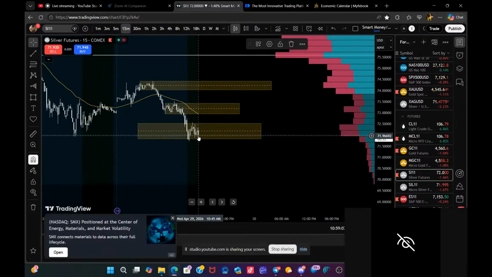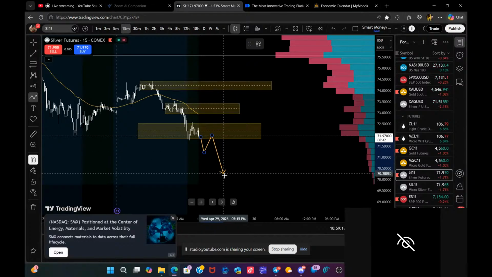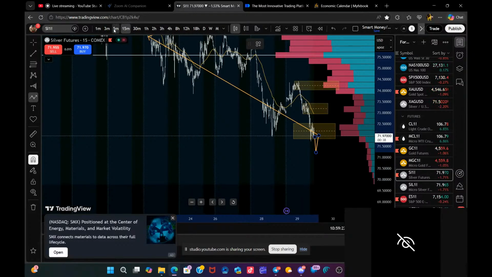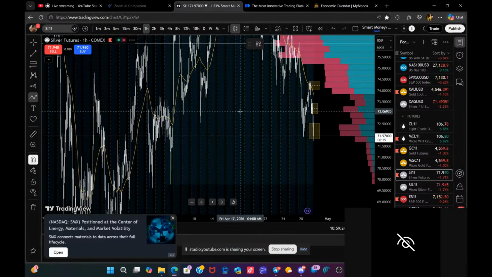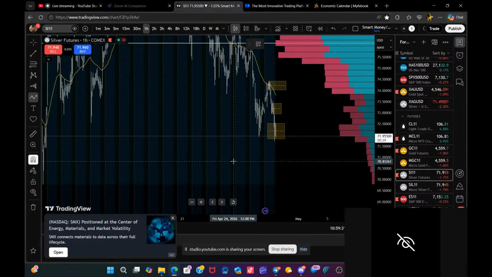Then now I want to see price come down. I want to see it break out and then come back in. Then I can target perhaps that previous low over here, perhaps that low, or perhaps some other area.